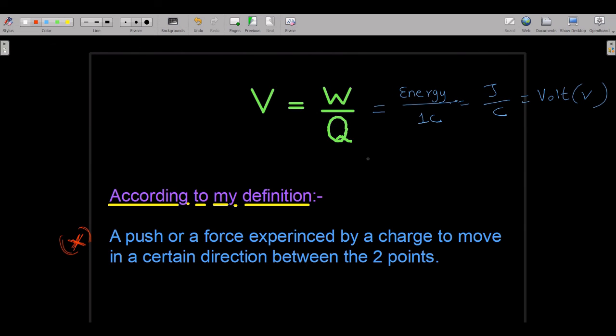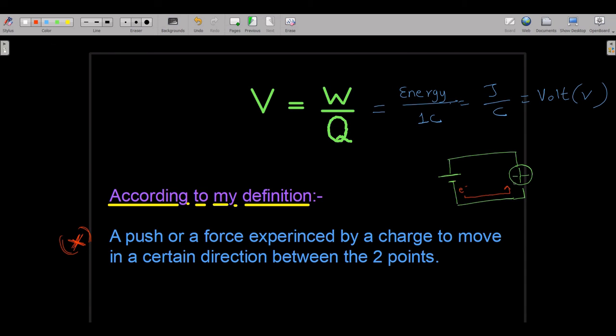Let me draw the circuit again so that it will be clear. This is the positive terminal of the battery, this is negative. Let's assume this is a particular setup, and this is that fan. So when we connected the negative terminal of the battery to the conductor, the conductor had free electrons, due to which the electrons will move in this direction towards the fan.